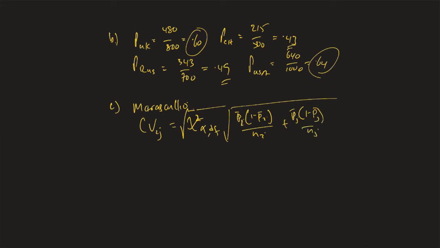We first calculate all of those, and then if the absolute value of P bar i minus P bar j is greater than CVij, then we have evidence of a difference between the two proportions.